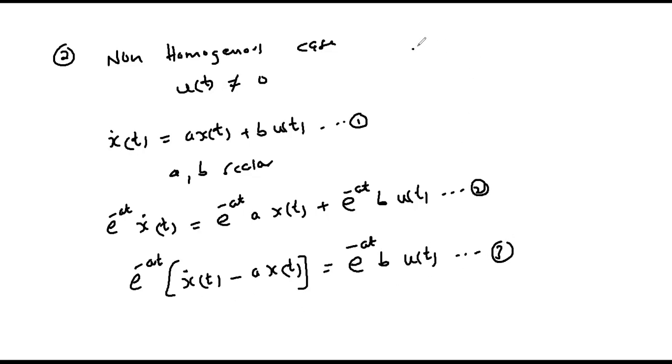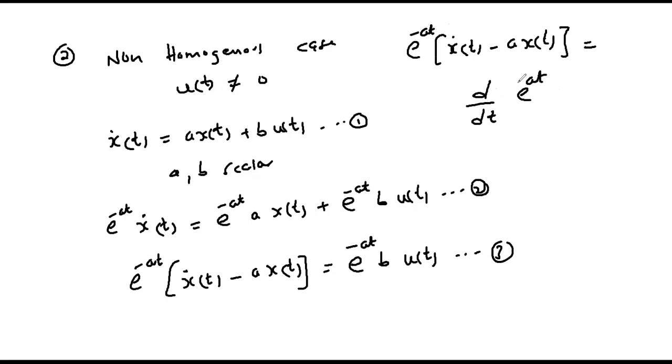We notice that exponential negative at into x derivative of t minus a x of t can be written as the first derivative with respect to t of exponential negative at x of t. We can confirm that the whole of this expression is the first derivative of exponential negative at x of t. That means we can write equation 3 as follows.